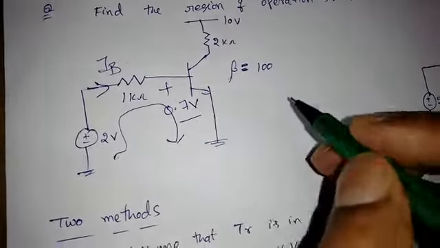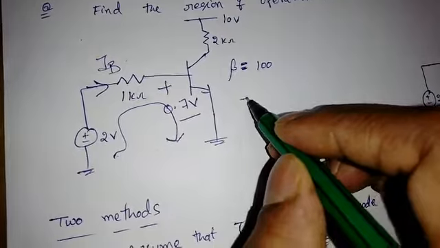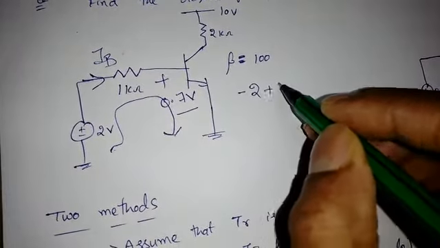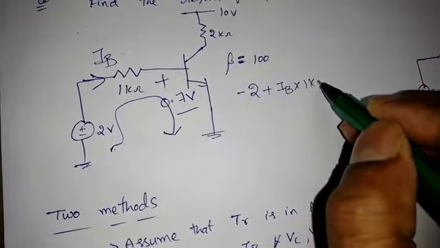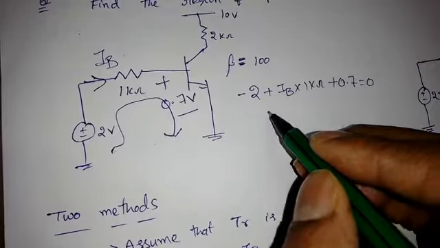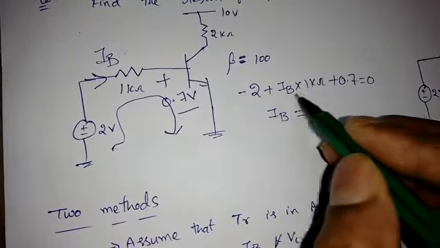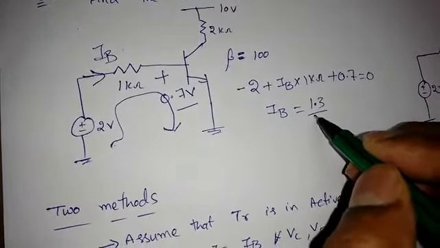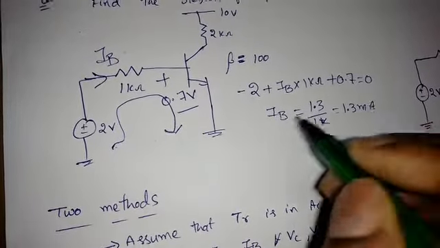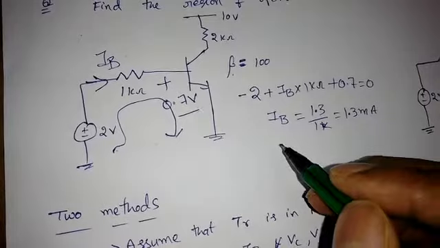So I am applying KVL, Kirchhoff's voltage law: minus 2 plus IB into 1 kilo plus 0.7 is equal to 0. From this expression I get IB equal to 2 minus 0.7, that is 1.3 by 1 kilo, so this will become 1.3 milliampere.